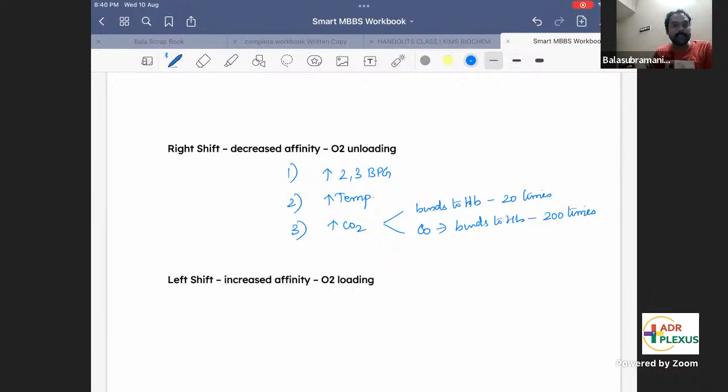So increased 2,3-BPG, increased temperature, increased carbon dioxide, all that decrease the affinity.